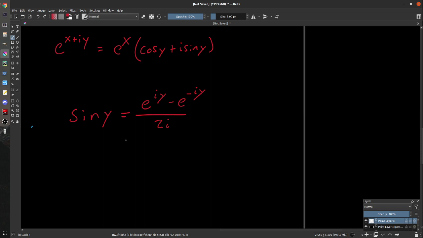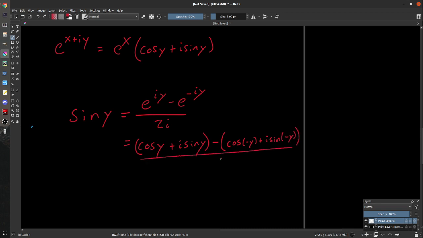If you want to go through and prove it, which we will just do really quickly for convenience, e to the iy is just going to be cosine y plus i sine y, and then minus e to the minus iy, so that'll be cosine of minus y plus i sine minus y, right? And this all over 2i. And if you actually do this, you get cosine y minus cosine of minus y, but cosine is even, so this is minus cosine of y.